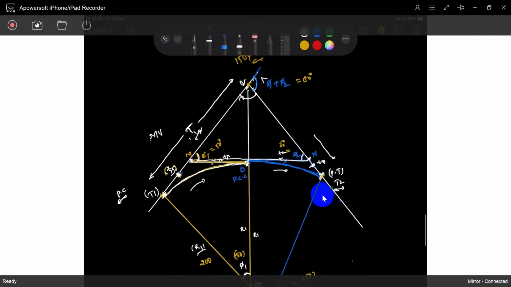We have to calculate the lengths of MV and VN. What is the length of MN? MN is equal to TS plus TN, because this length is equal to this length.